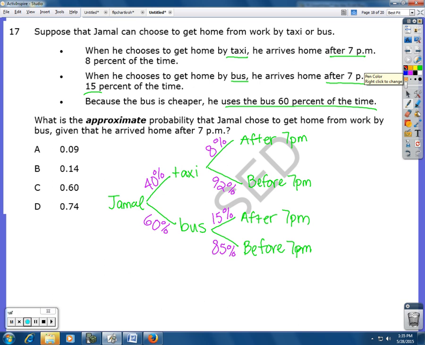So what is the approximate probability that he chose to get home from work by bus, given that he arrived home after 7 p.m.? That word given means I'm dealing with conditional probability.